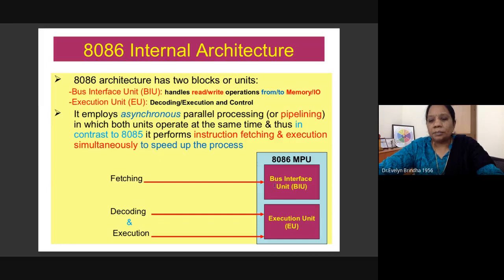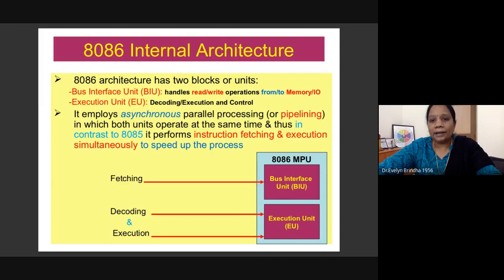So by the time execution completes, the second will be readily fetched and passed on for execution, and by then the third instruction will be fetched. Since there are two units, parallel processing takes place, which reduces the time for execution of an instruction. That is what is called parallel processing.